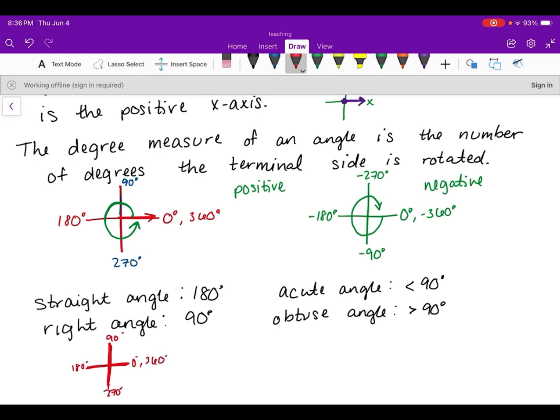Those are all called quadrantal angles. And so I may use that word in our content. It's good to know what I'm talking about there. So these are called your quadrantal angles. And it's just because they lie on the X and Y axes.